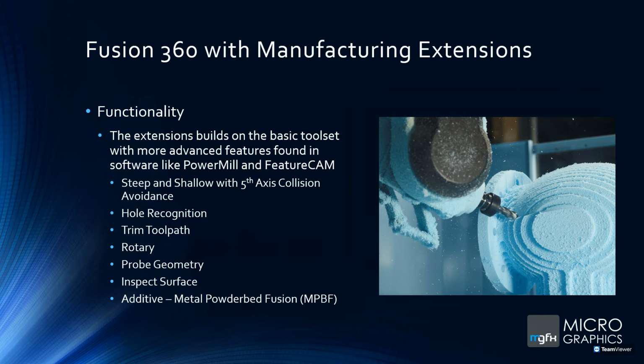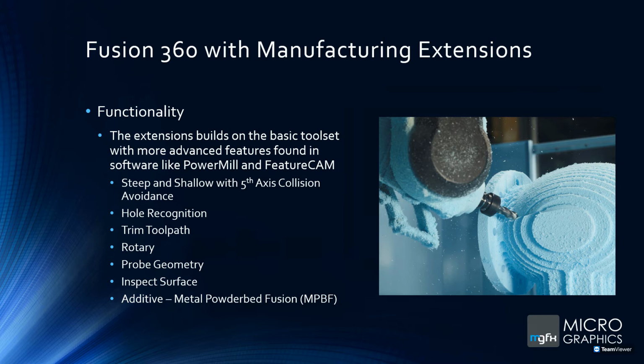So when unlocking the manufacturing extensions, you unlock all of these features. There's no picking and choosing of which of these features you want to unlock or not. You spend your credits, you unlock your features, you get all of these available to you.